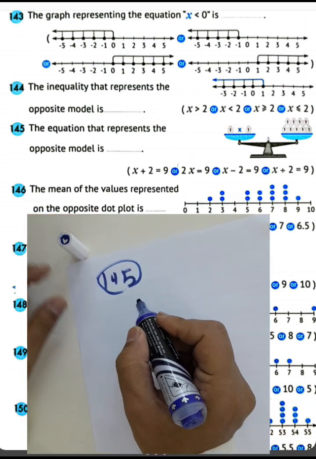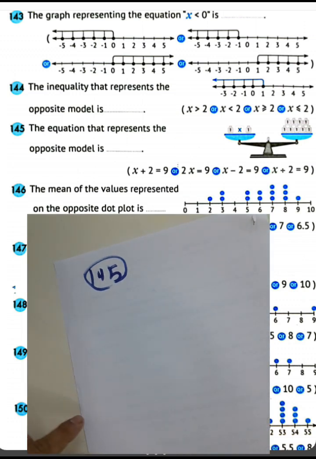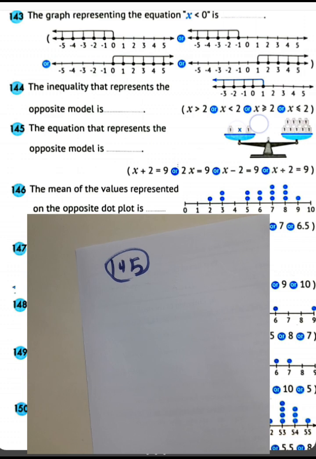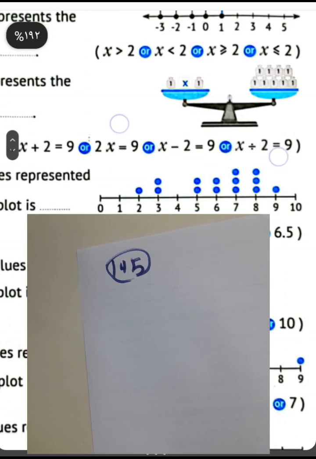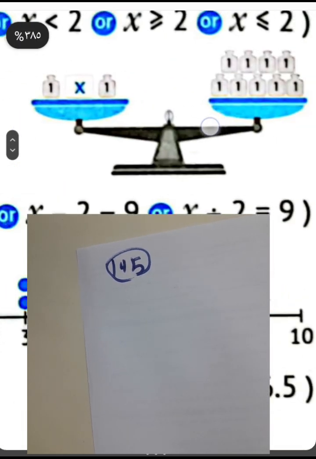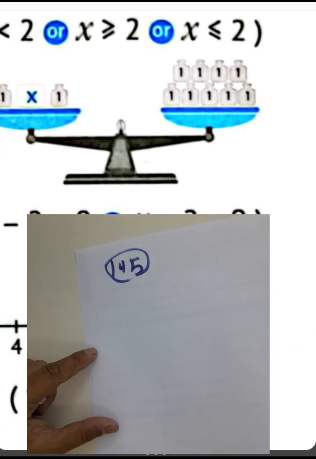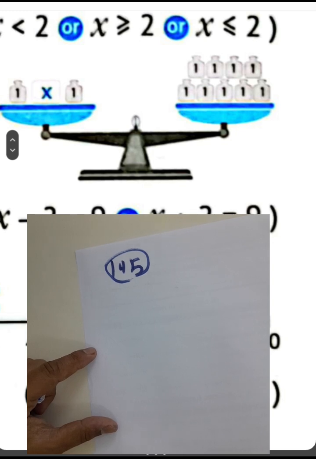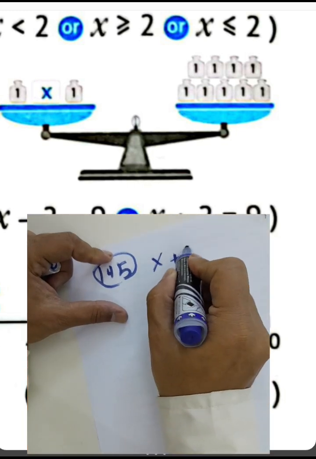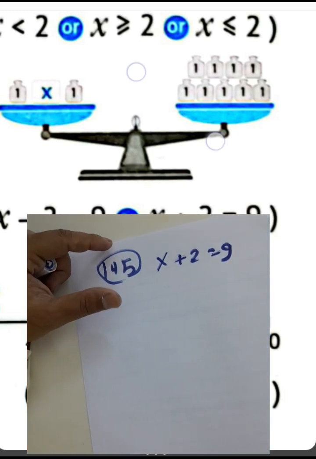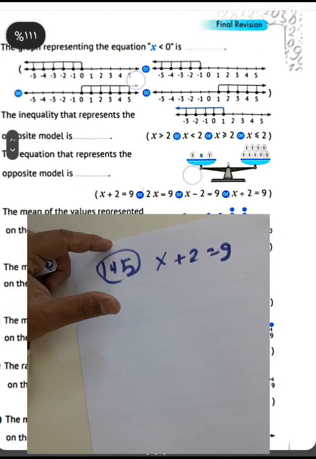Question 145. The equation that represents the model: we have x plus 2 equals the total number here. It will be x plus 2 equals 9.